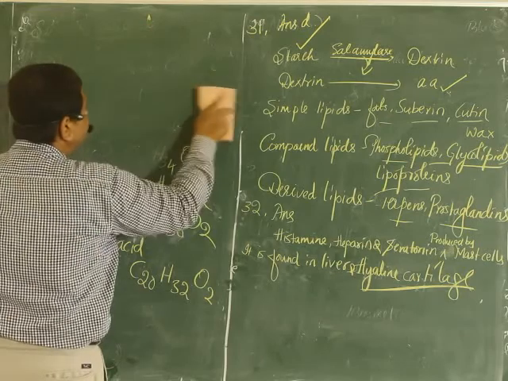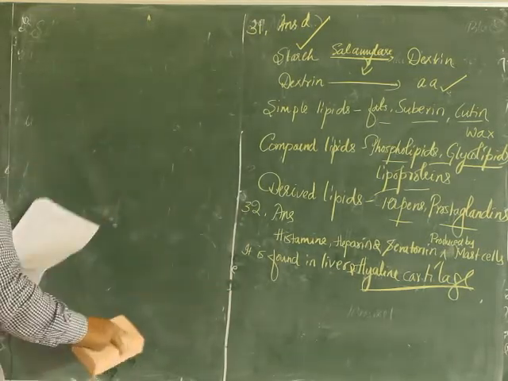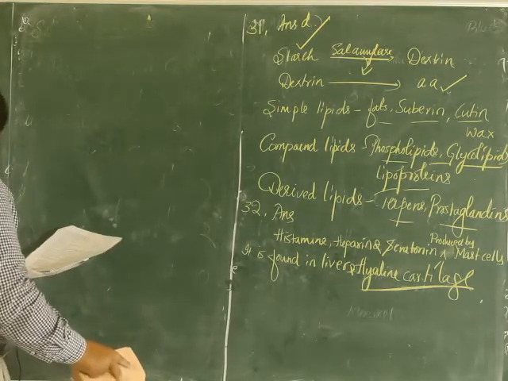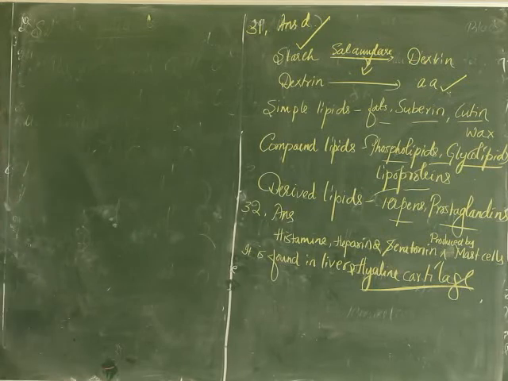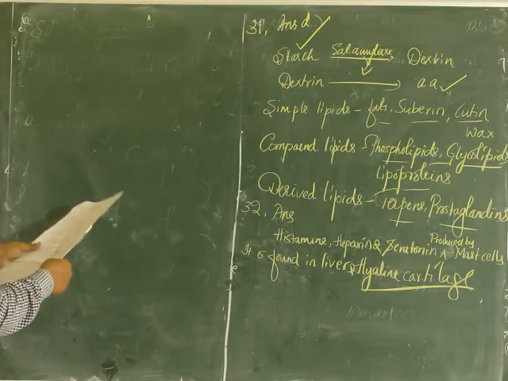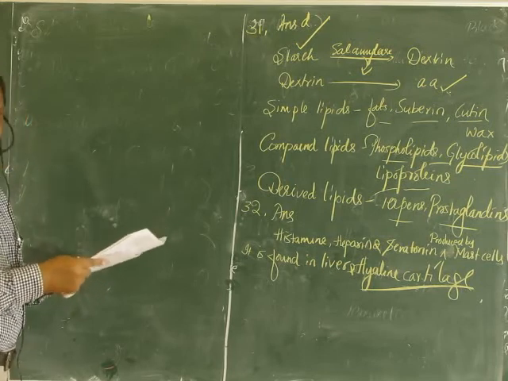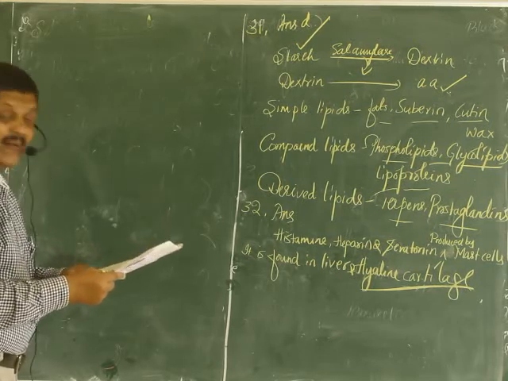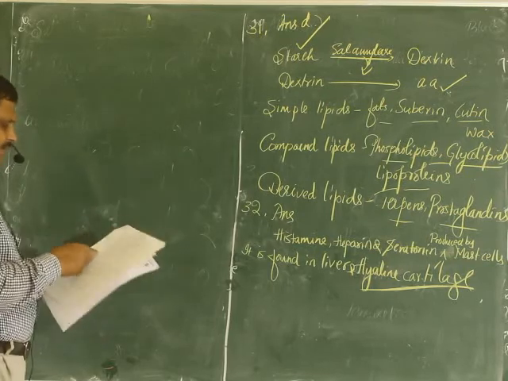Now, I'll give some of the diseases. I think you know this. Kwashiorkor disease, deficiency of amino acids, gout, excess deposition of uric acid. Dementia, forgetfulness. Okay. You know this.